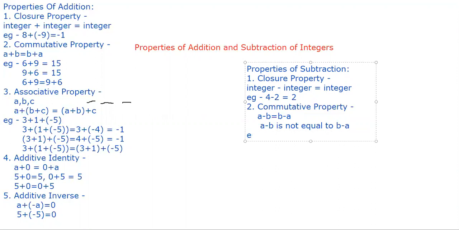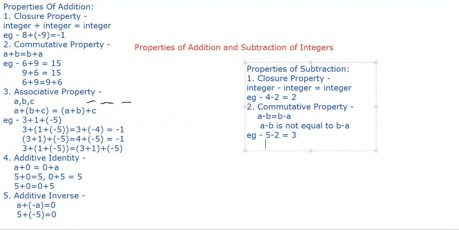For example, I can say 5 minus 2. What do you understand by 5 minus 2? It means 2 is taken away from 5, which is equal to 3.